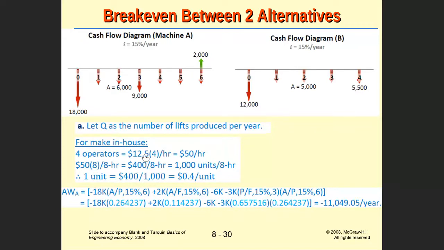That means every period, the cost for the operators will be $400. And that will produce 1,000 units because the period has 1,000 units. The cost for the single unit, we divide over 1,000. So we will have 40 cents or 0.4 for the single unit.